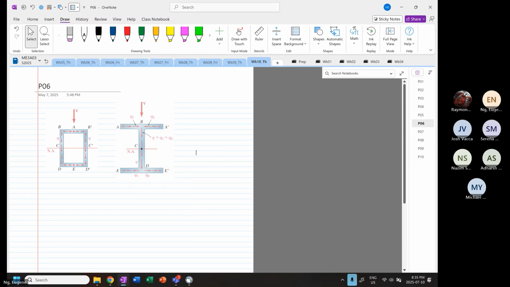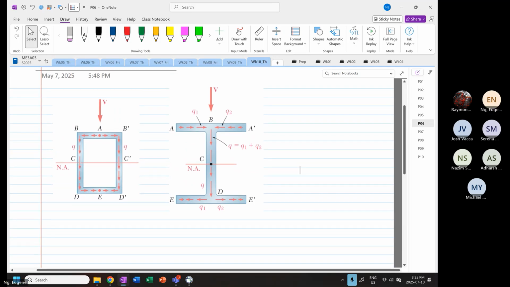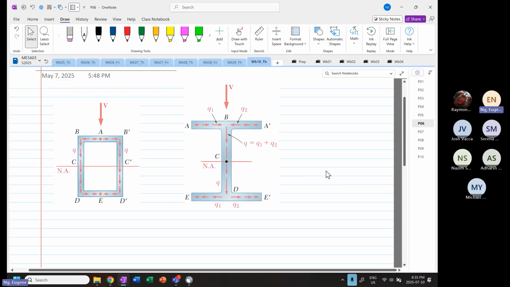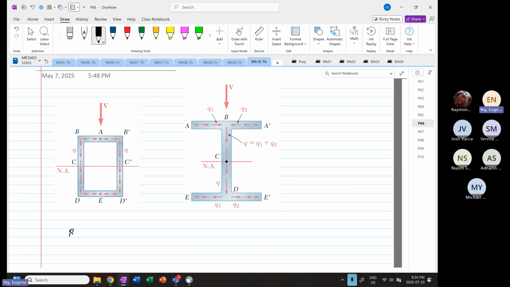What you see on the left is what we call the box beam, and on the right is what we call a wide flange.